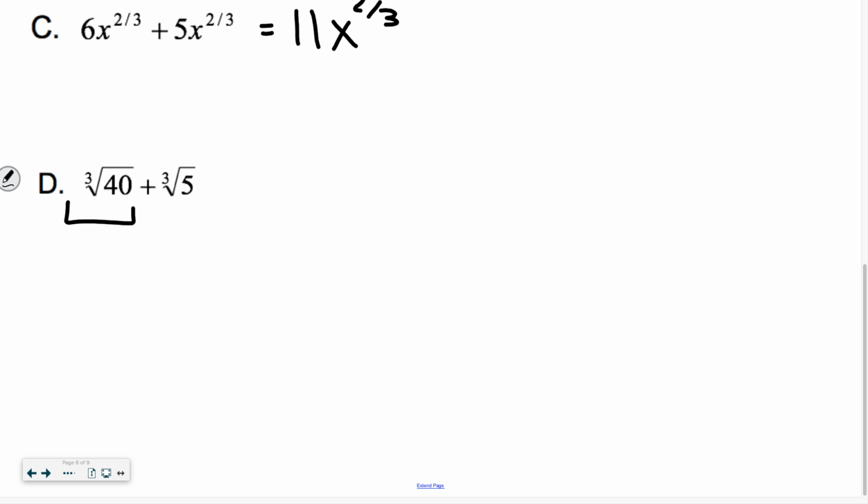Any factors of 40 that are perfect cubes? 8. 8 times 5. So this cube root of 40 is really the cube root of 8 times 5. They're the same thing. And then using my product property for radicals, this is the cube root of 8 times the cube root of 5.